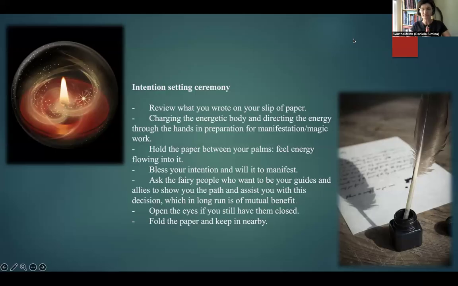And with each out breath, feel the energy from your palms radiating into the paper, into the intent that you placed there. Energizing.